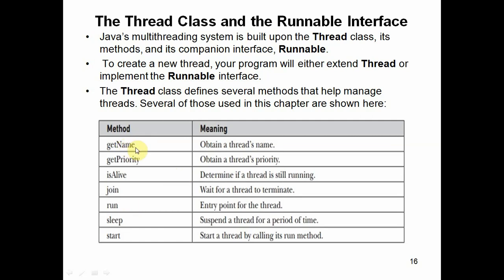The first one is getName, which returns the name of the thread. Then getPriority returns the priority of the thread. isAlive decides whether the thread is alive or not. Then join waits for a thread to terminate.